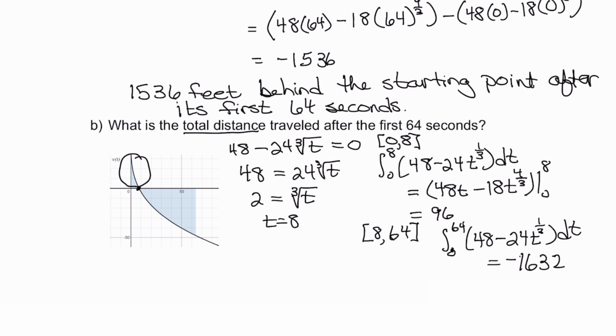And so then our total area, which would be our total distance, is going to be our 96, and then plus we're going to take the opposite of negative 1,632, which is 1,632, and we get our total distance is 1,728, and that is in feet.